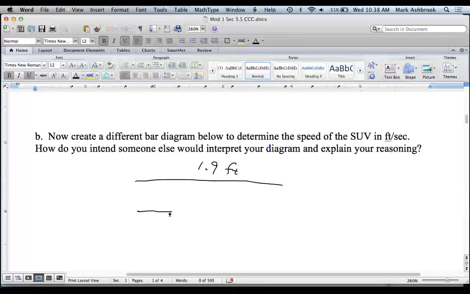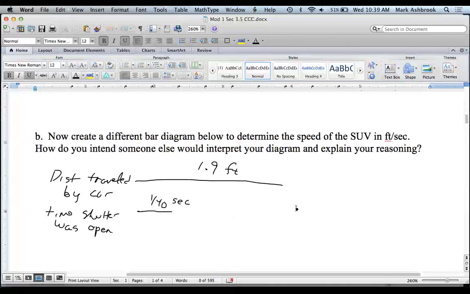And this is the distance traveled by the car. And the time the shutter was open was 1/40th of a second. What do you think of my bar diagram? Good start?